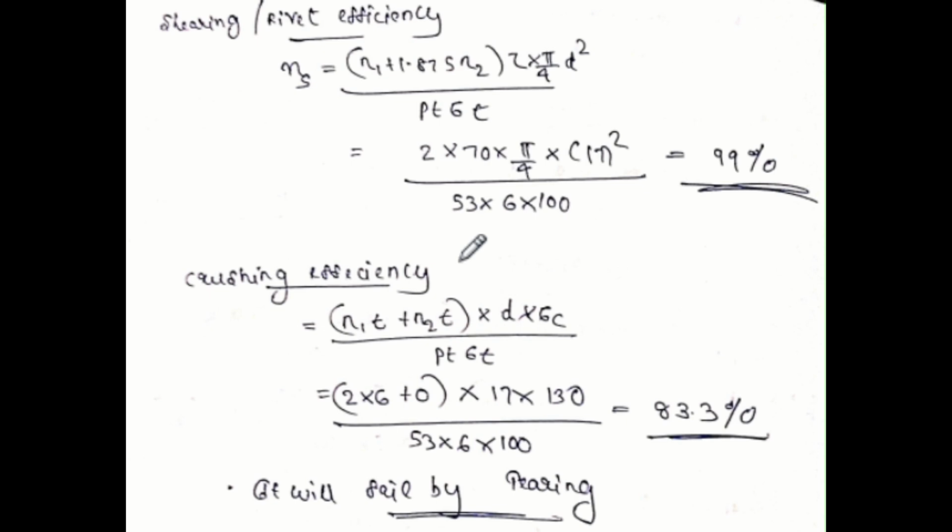That's the first thing that happens based on these conditions. So this riveted system will fail by tearing. We have to tell it by comparing the efficiency values of the three: tearing, shearing, and crushing. This is the way to solve this type of problem.